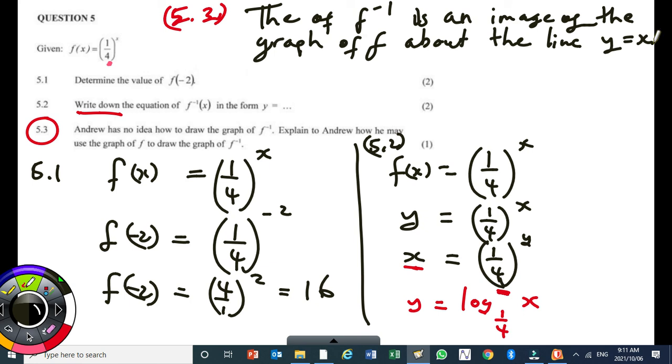If you want to add more spices to the question, you can even say that f is a decreasing function. Okay? F is a decreasing function, and in fact, okay, look here. They are mirror images about the line y equals x.